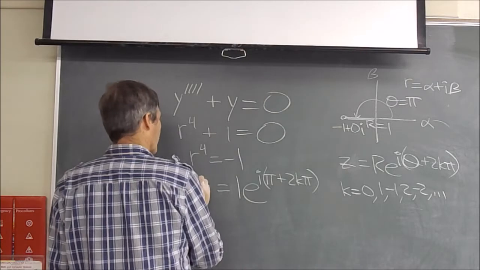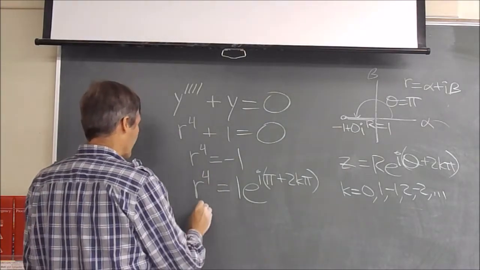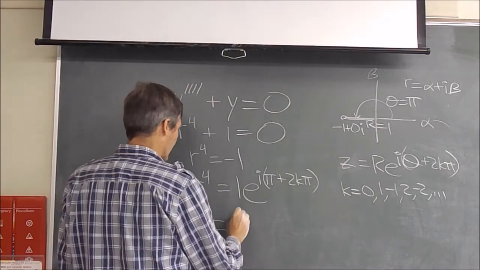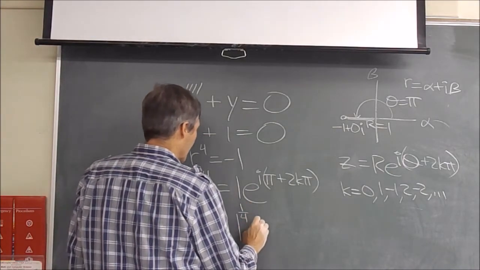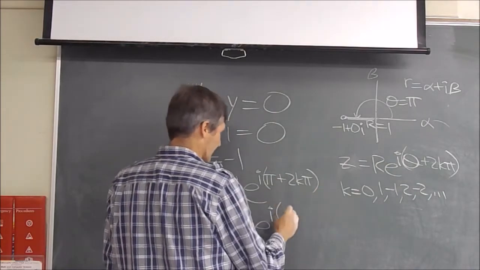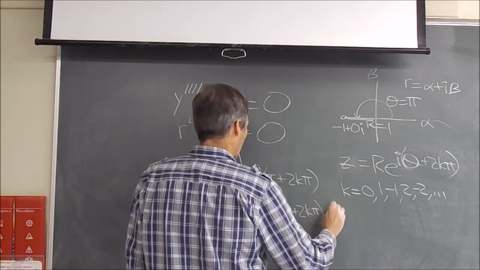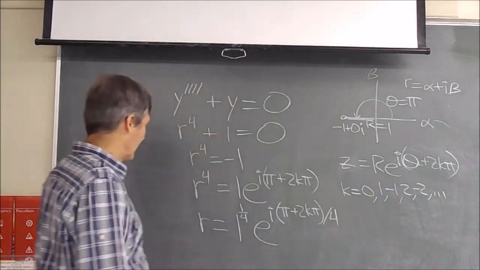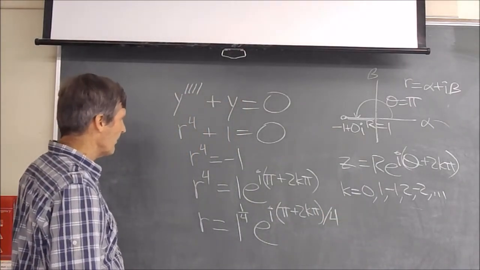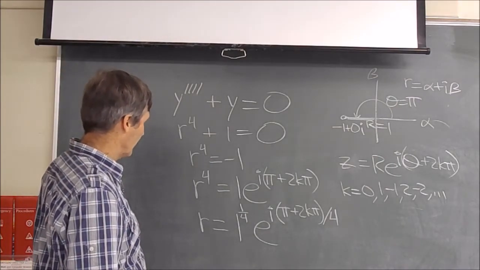And r to the fourth has to be that. So if we take the fourth roots, we find that r has to be 1 to the 1/4 times e to the angle divided by 4, right? The fourth root of this is this over 4. So now, what is r?